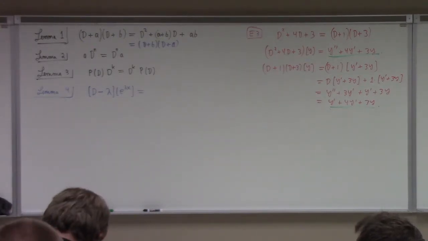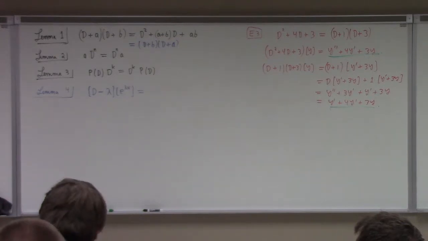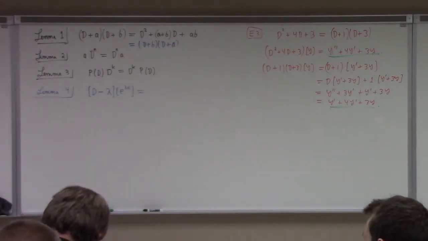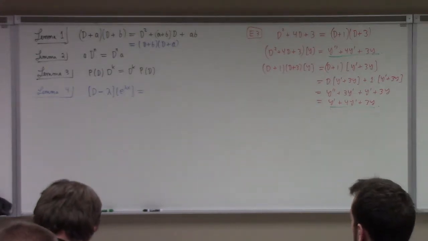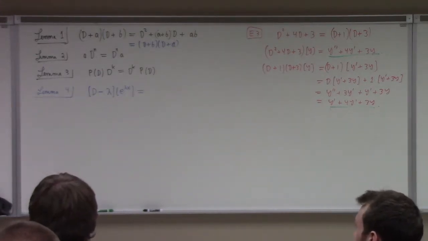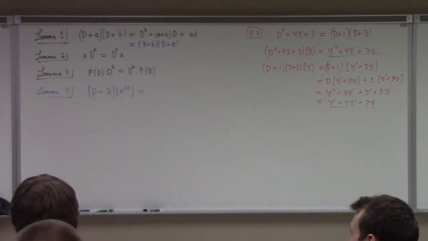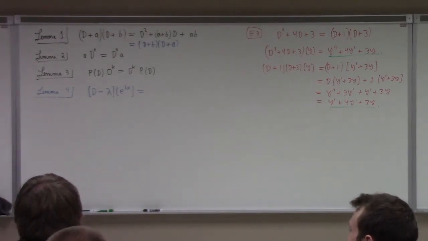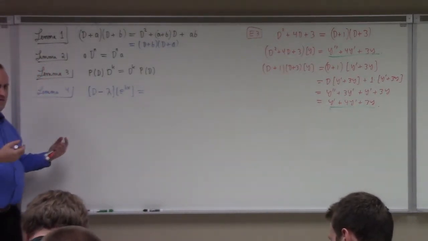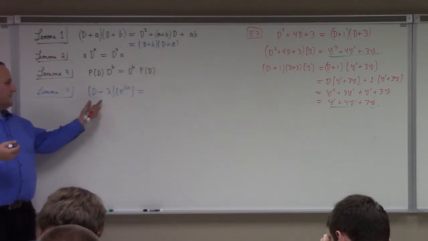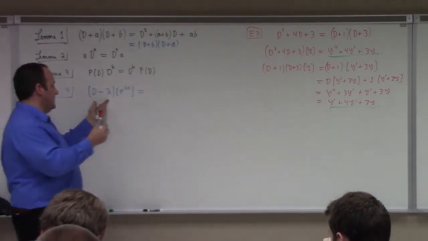On the test, I like to say let D be d dt. See if you pay attention, because the independent variable matters, right? If the independent variable is x, then we're looking for functions of x. If the independent variable is t, we're looking for functions of t in our answer, right? So I do usually test on that because I found it's an issue. Anyway, what is this? This is equal to 0.